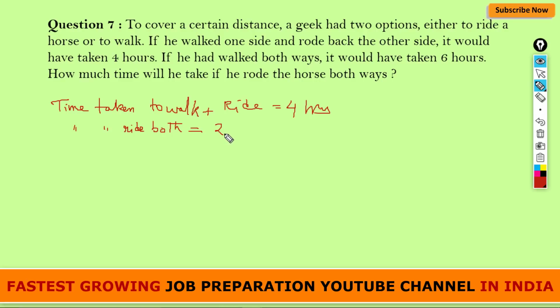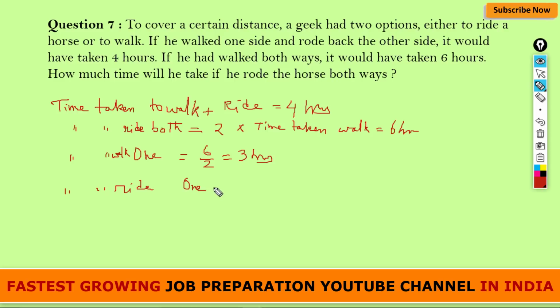So 2 into the time taken for one side comes to 6 hours. So time taken to walk one side is 3 hours, if you divide by 2. Therefore time taken to ride one side is 4 minus 3, that is 1 hour.